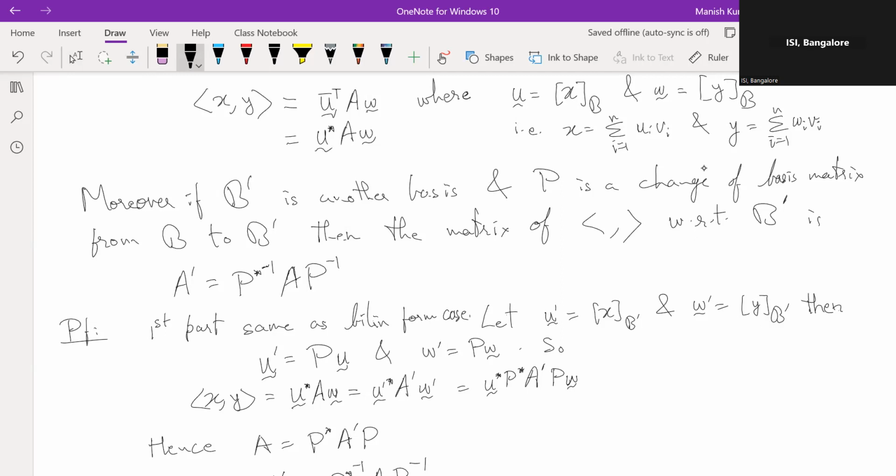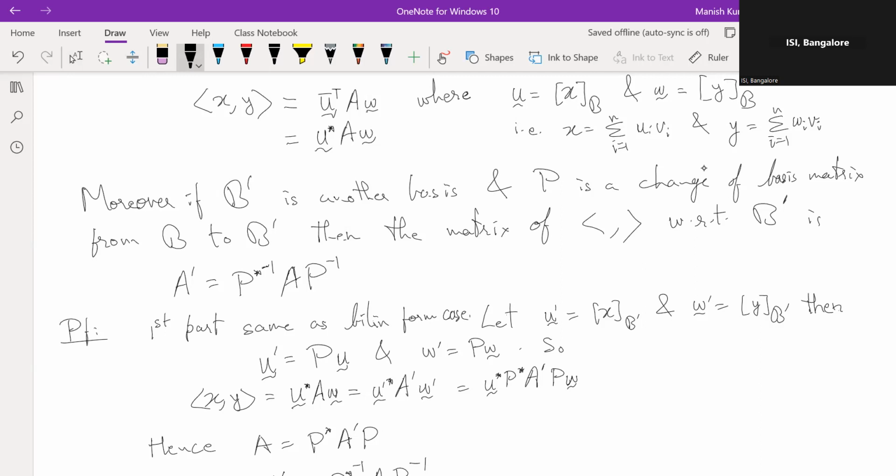So x comma y is just u star A w, and you can also write it as u prime star A prime w prime, where A prime is the matrix of this Hermitian form with respect to the basis B prime. You have to show that A prime is the same as this thing. But u prime is just P u, so you just substitute u prime with P u, and you put the star.